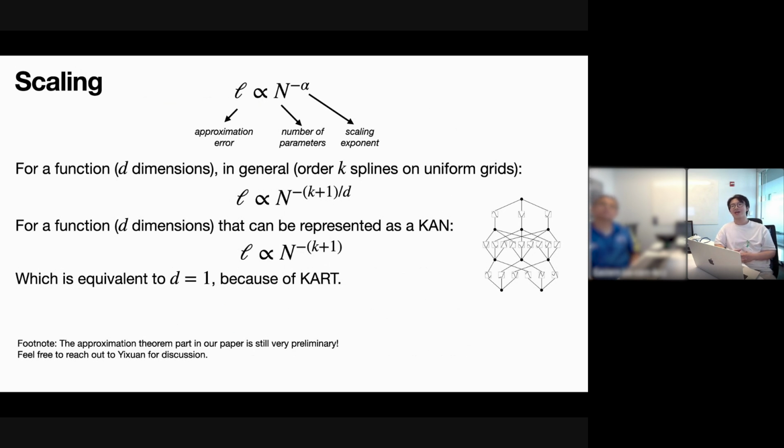It's a classic old concept, even in numerical analysis, where your approximation error L is a power law of the number of model parameters, or the number of splines, whatever, to the power of minus alpha. And here we call alpha the scaling exponent. We want alpha to be as large as possible, because that promises that when you scale up your model, your performance will get better.